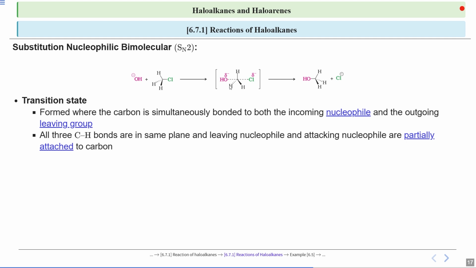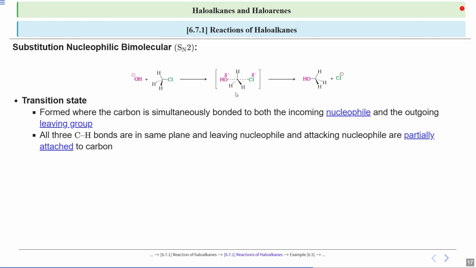Other than that, there are 3 permanent bonds with the hydrogen atoms. All these carbon-hydrogen bonds are in the same plane.